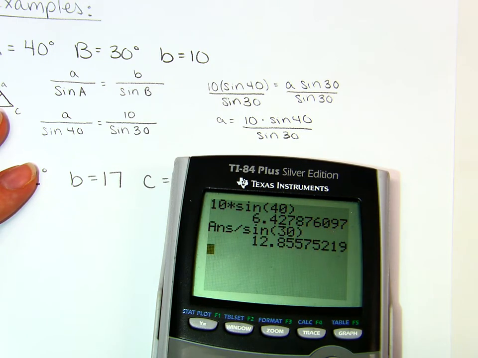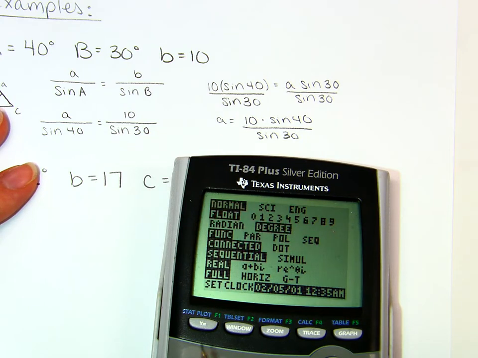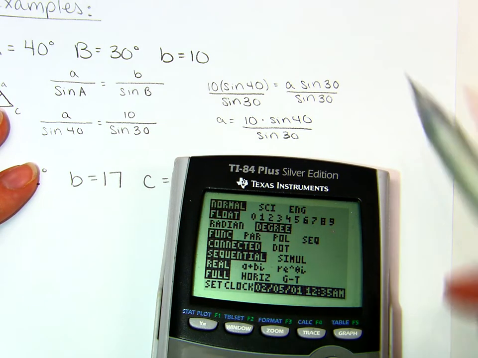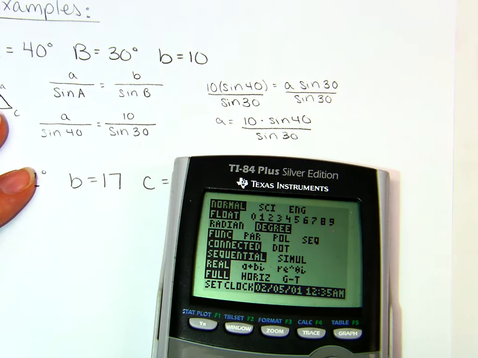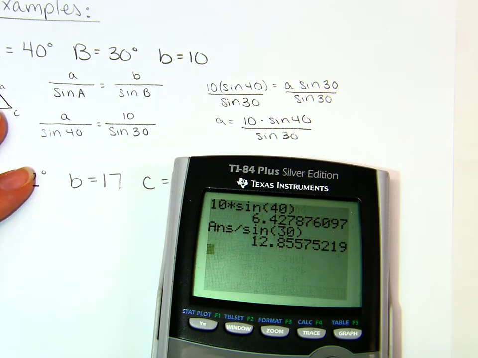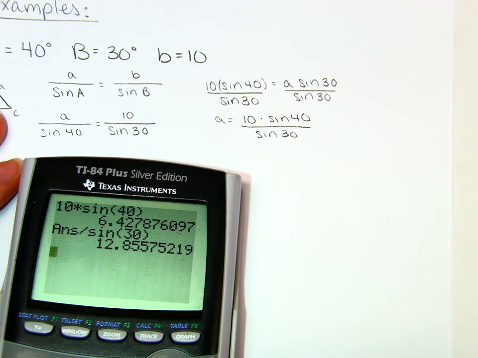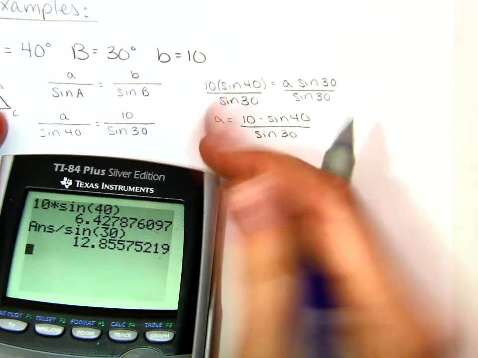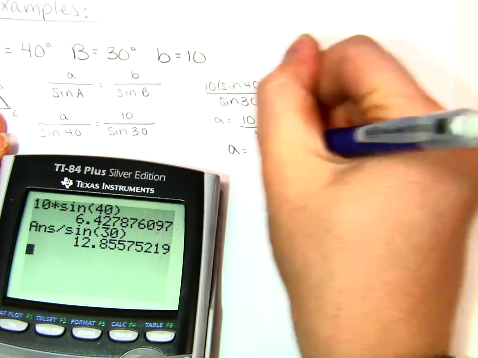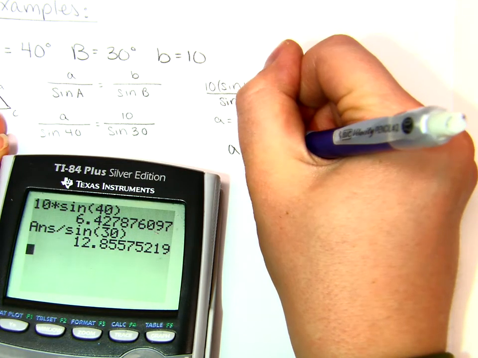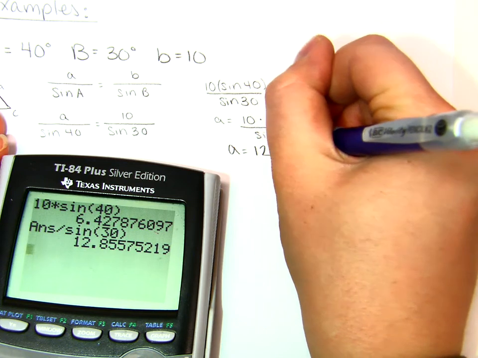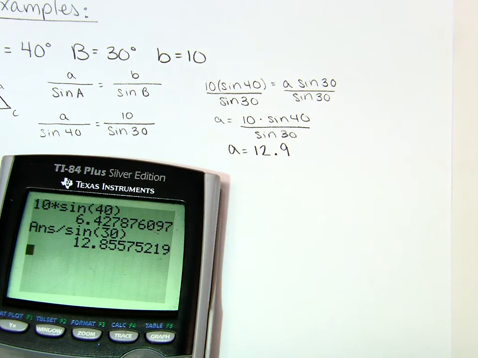And your calculator should be in degrees. If it's not in degrees, make sure it's in degrees because you're typing in degree values into the sine function. So your answer would be a is equal to 12.8557 and so on. So we'll round to the tenths place for all these values. So 12.9, a would be.